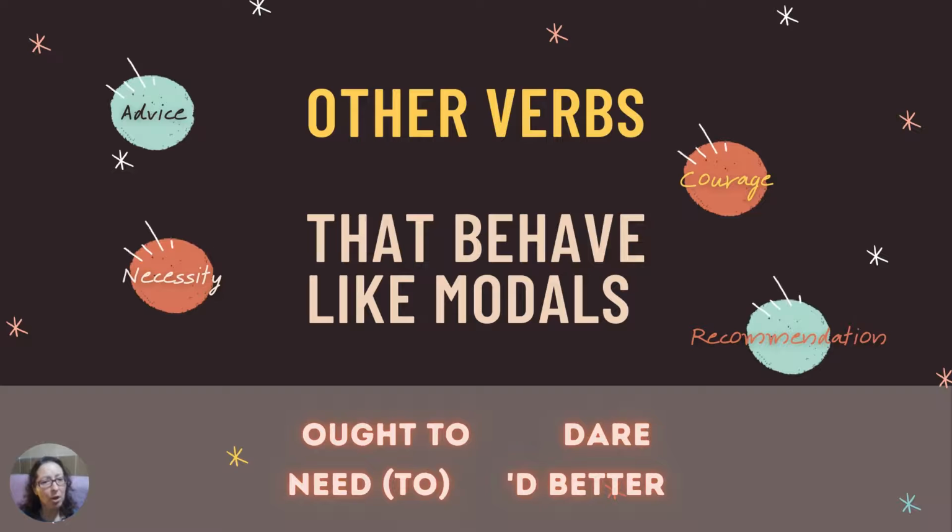You'd better bring your wallet. So this is like a recommendation or advice. And this one doesn't change. The apostrophe D stands for had, but we never use it as the full. We only use it in this way. You'd better not stay out late, for example.